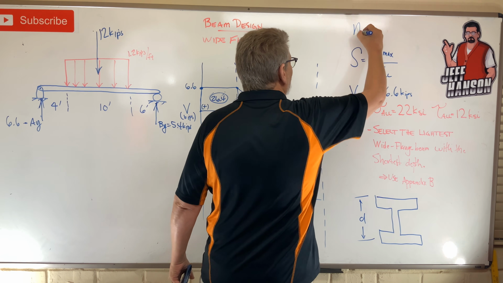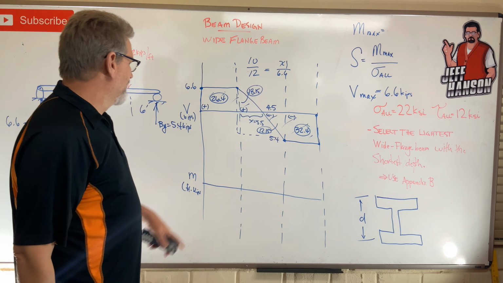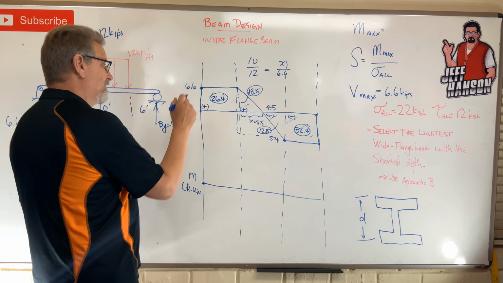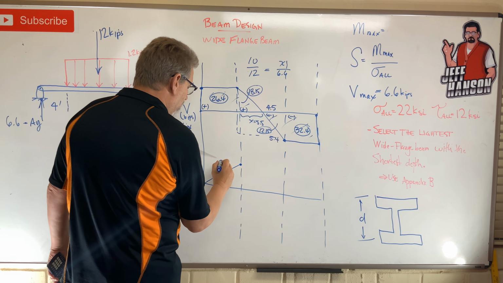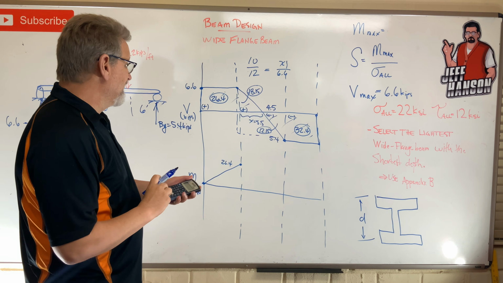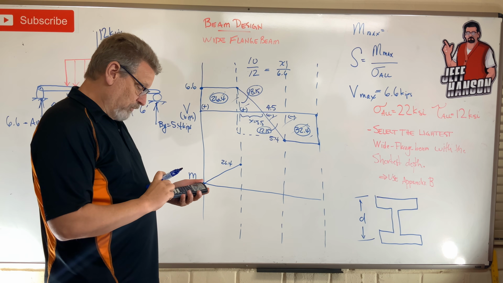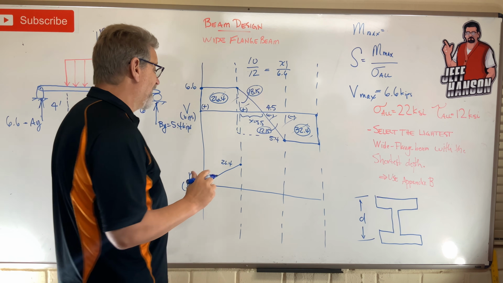The other one we need is this guy right here. So, step 1, start at 0 because there's no moment. Go uphill 26.4. Go uphill some more, 18.15. So 26.4 plus another 18.15 equals 44.55.